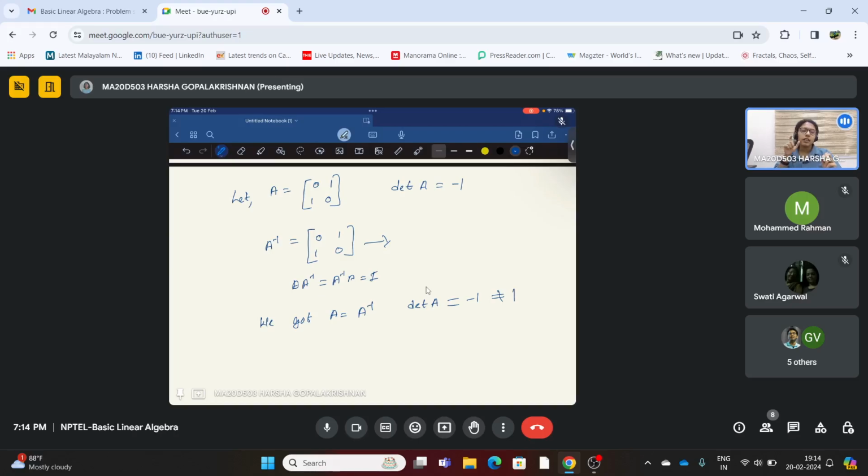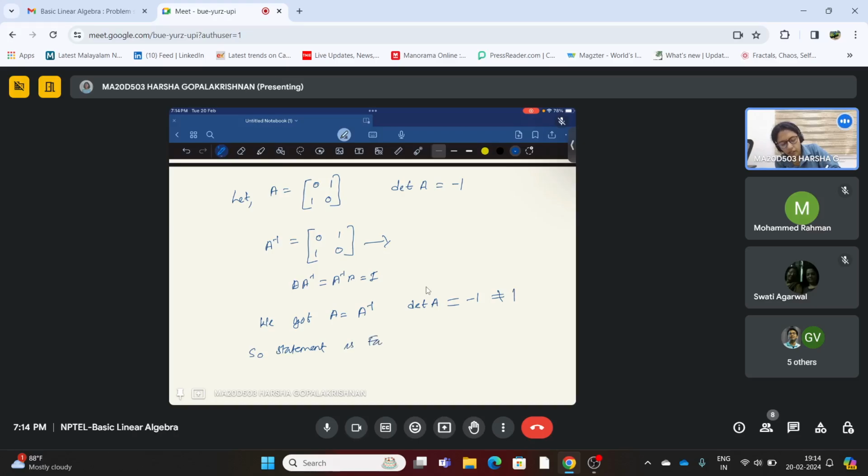But exactly, we have one matrix A with the determinant minus 1 where A and A inverse are the same. So we cannot say that statement is true. That is not true in general. For some matrix it is true. So the statement is false.